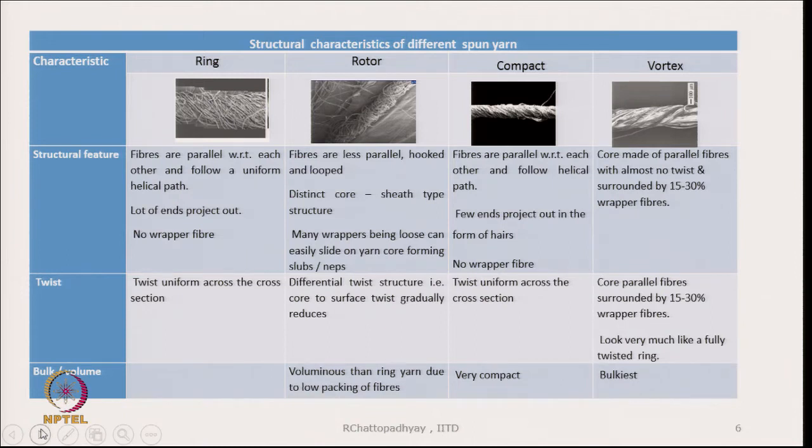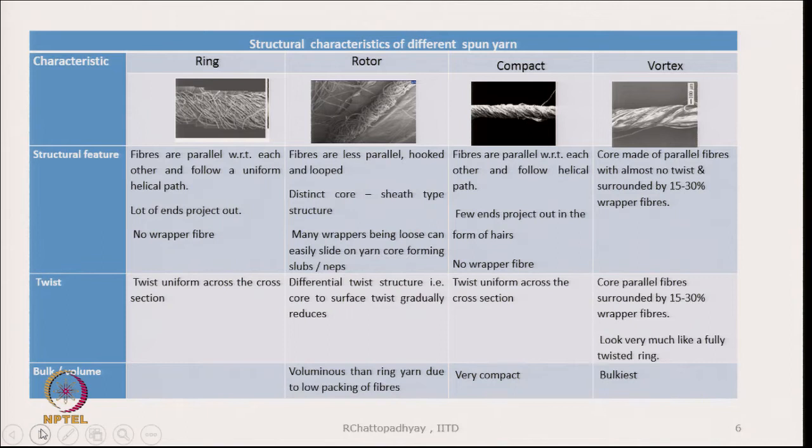But if we have an idea about their structural features, the level of twist which is used in them, and the bulk or the volume aspects, then we can have an idea of what we expect in the fabric made from such yarns. So, that little detail is given here.